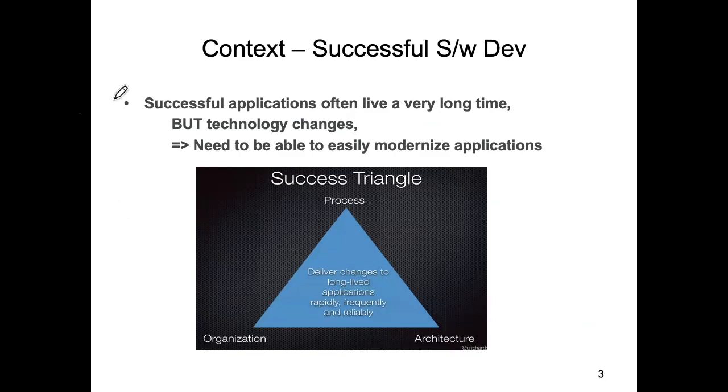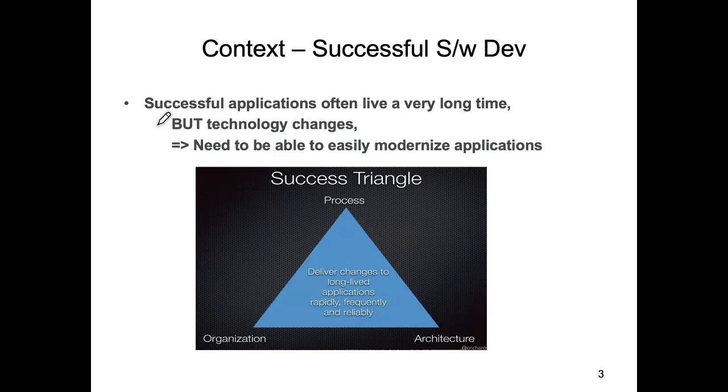In this slide, I'm talking about any successful application. It tends to live for a long time. Now, I'm not quantifying what long means. If you get 10 years out of an application that you develop for a customer, that's probably pretty good, I'd say. But successful ones tend to live for a long time, we're saying here. But we know that the whole technology area is constantly changing.